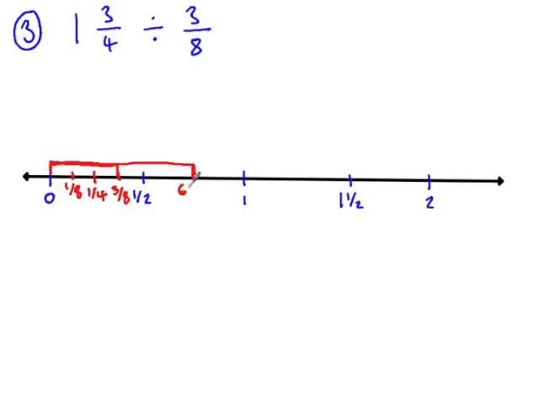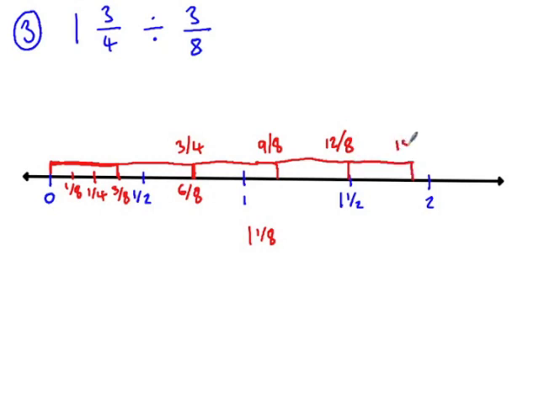So that's 6/8 or 3/4. If I add another 3/8, that's 9/8, which is 1 1/8. If I add another 3/8, that's 12/8 or 1 1/2. And if I add another 3/8, that's 15 over 8 or 1 7/8.